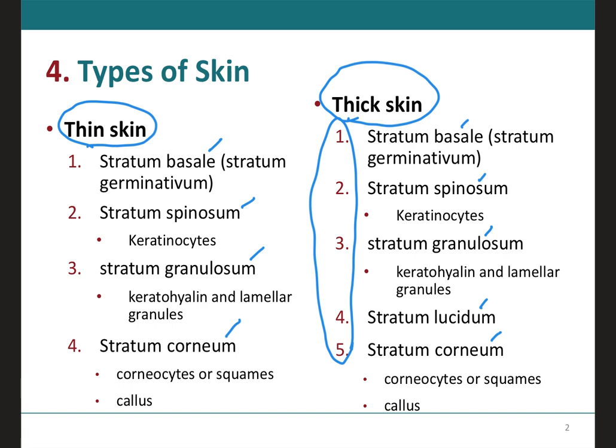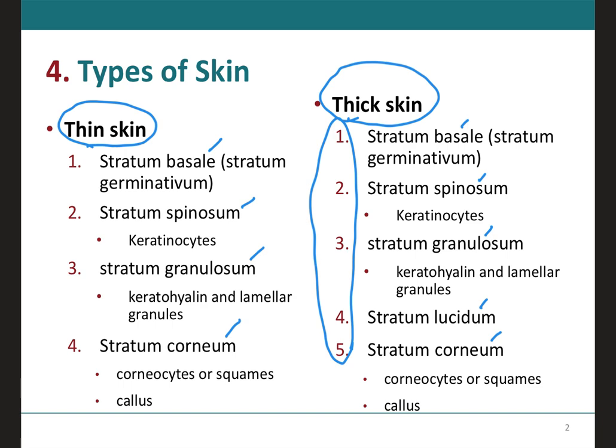And lastly, we have the stratum lucidum, which is just present in thick skin, but it will also contain, similar to the stratum corneum, the dead keratinocytes with large amounts of keratin, but this time the keratin is orderly arranged into sheets.